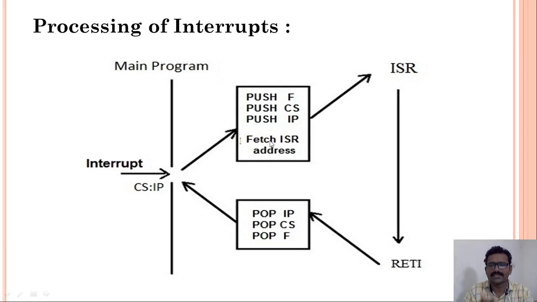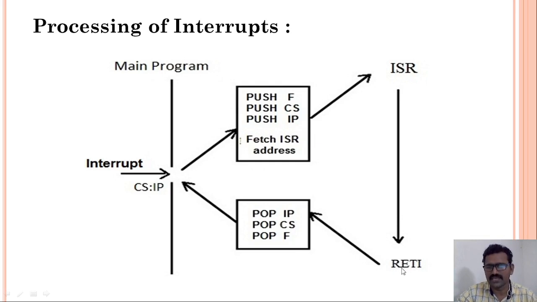That address is available in the interrupt vector table, which consists of all the addresses of the 256 ISRs. It fetches that address, loads the CS and IP values into the registers, and then starts executing the interrupt service routine.